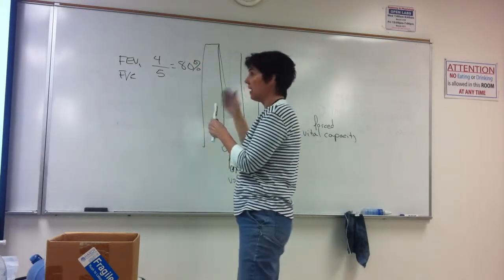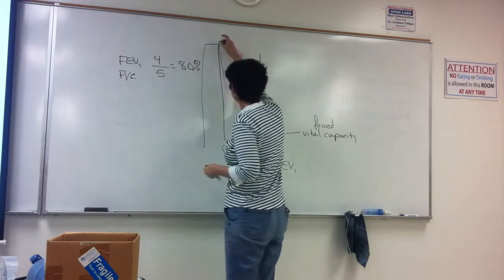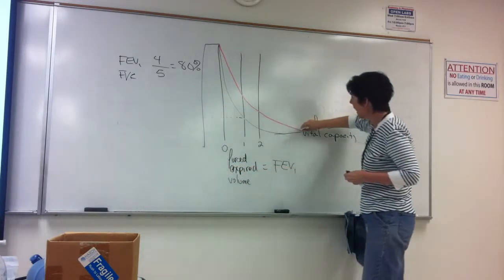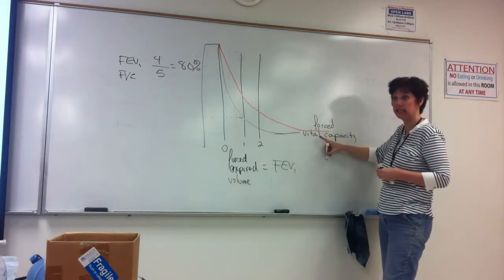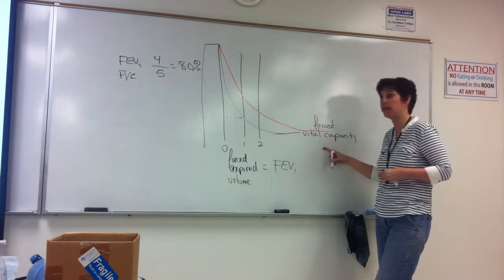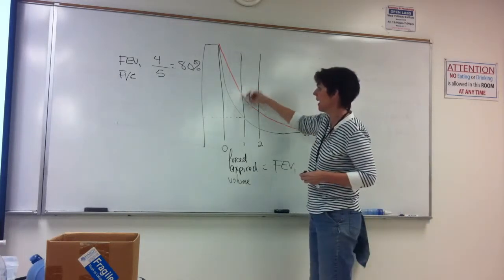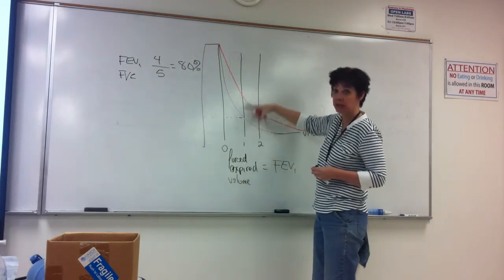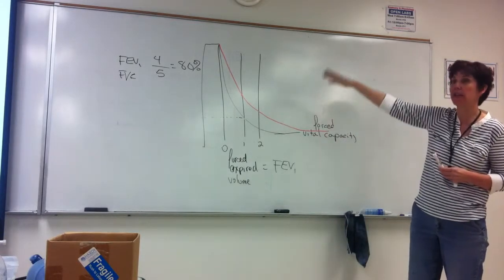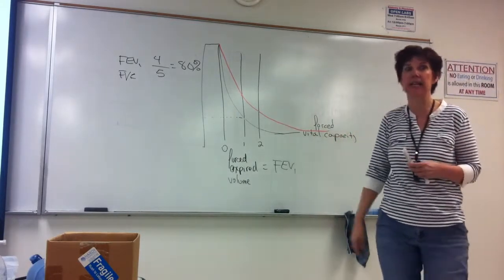So when we look at an FEV test for someone like that, they may actually have a normal vital capacity, but it takes them a much longer time to expire that air. So at 1 second, they're somewhere short of the normal FEV. Their FEV1 could be anything less than 80%.